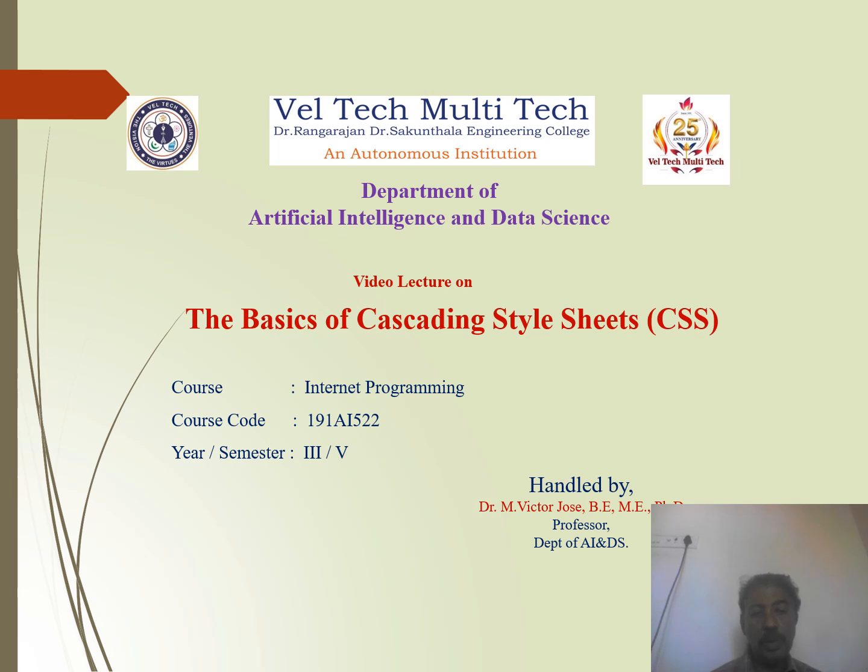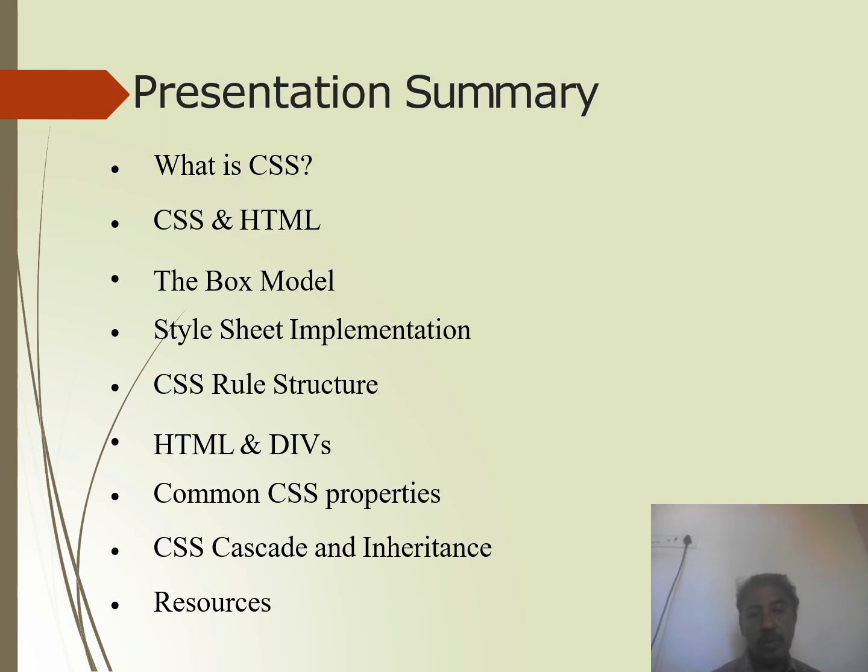Good morning to all. In this class, we wish to discuss the basics of Cascading Style Sheets. First, a summary: we will discuss what CSS is, the difference between CSS and HTML, and what happens when both CSS and HTML are combined.